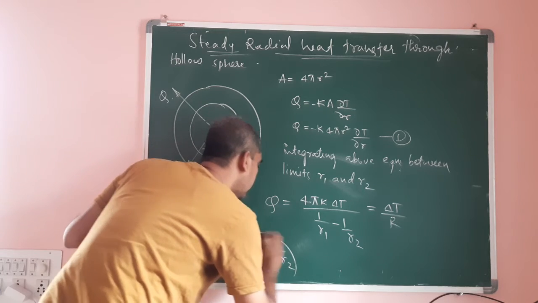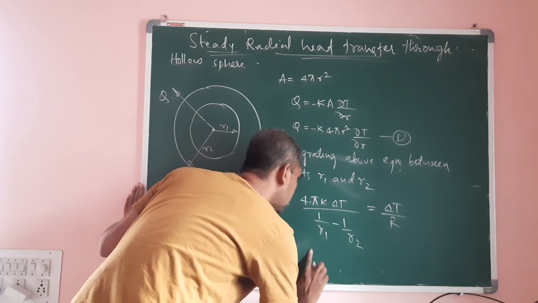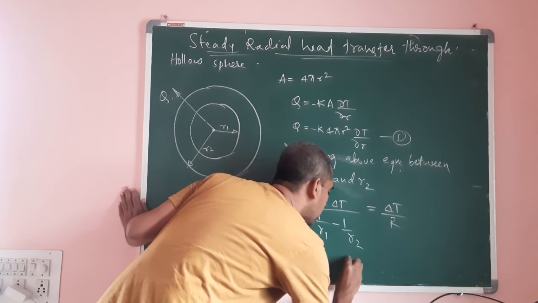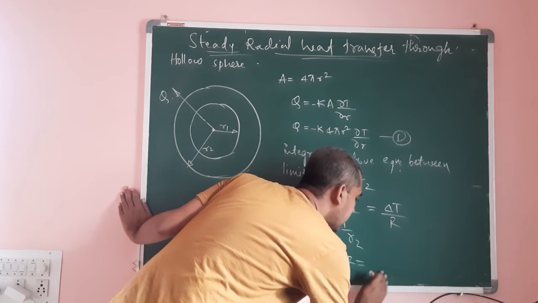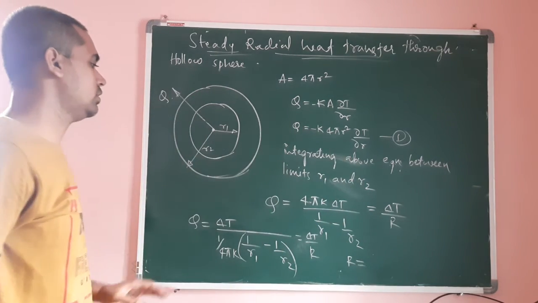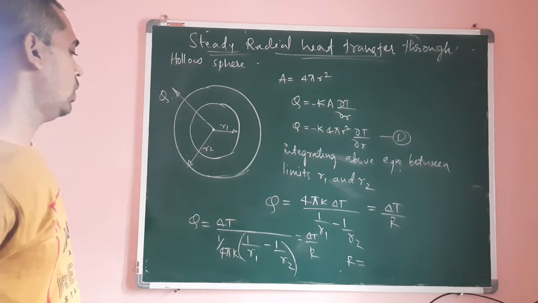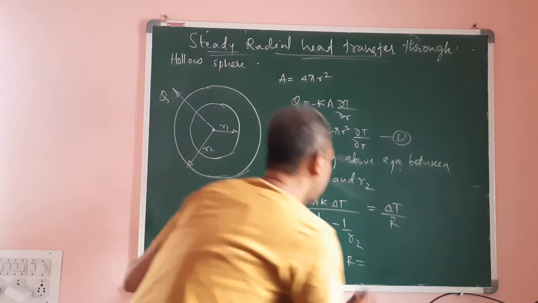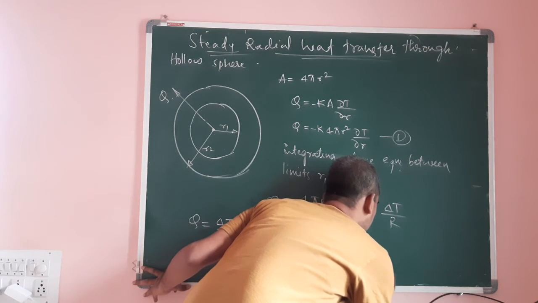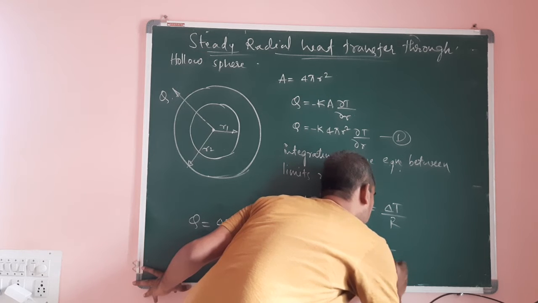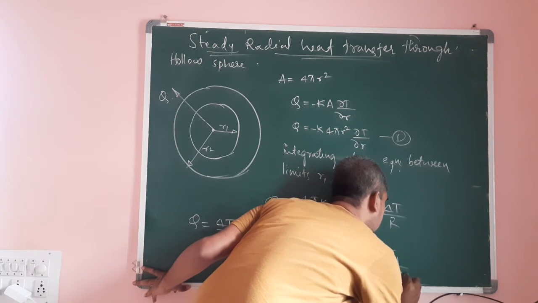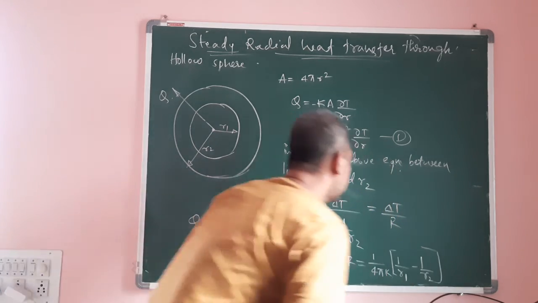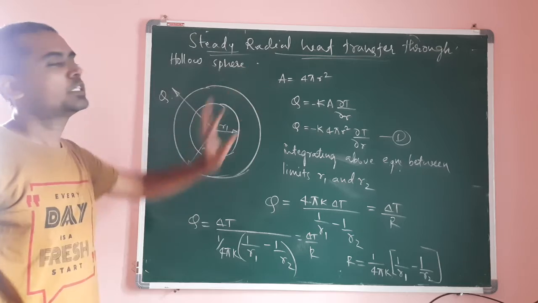Here R is nothing but delta t divided by R, therefore R is equal to 1 divided by 4 pi k into 1 divided by r1 minus 1 divided by r2. This is the thermal resistance for a sphere.